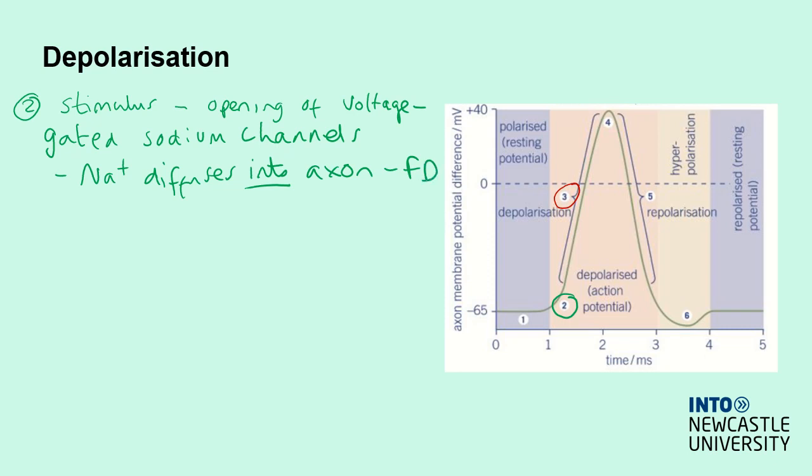And what will happen is the inside starts to become less negative, and you can see that on the graph here. We start to become less negative. We then have stage 3. We get this rapid depolarization. The fact that you've become less negative means that other sodium channels open. It's kind of a cascade of sodium channels opening.